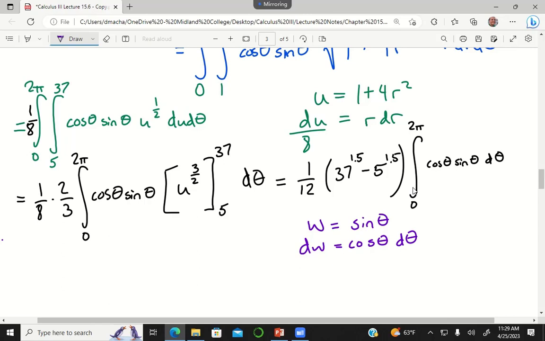So now this is just the integral from 0 to, what is sine of 2 pi? 0. Integral from 0 to 0 of w dw. Wow.